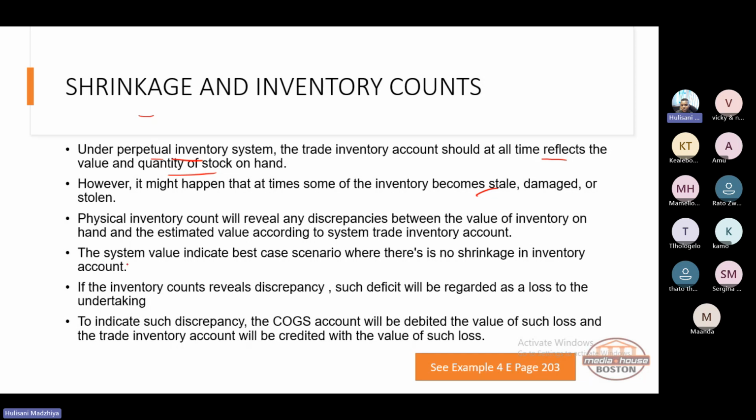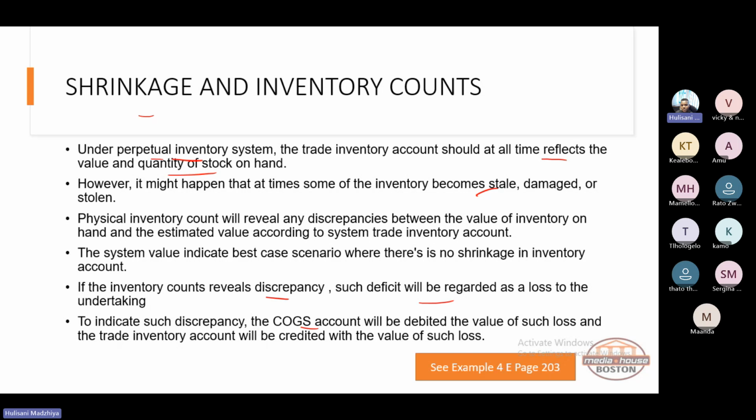The value indicates the best case scenario where there is no shrinkage in the inventory account. If the inventory account reveals a discrepancy, such a deficit will be counted as a loss. This discrepancy will therefore be debited in the cost of sales account.